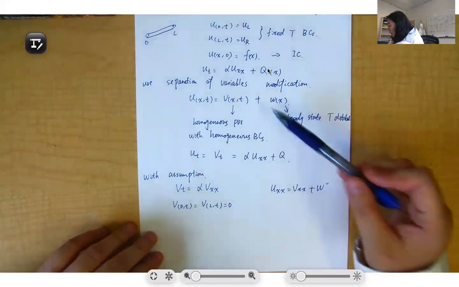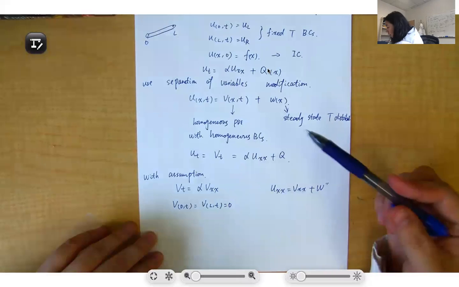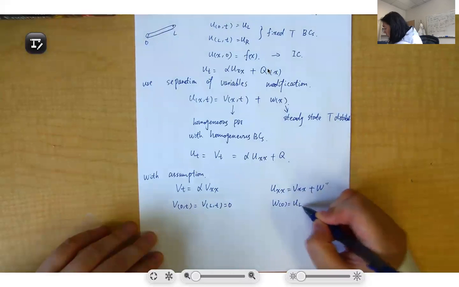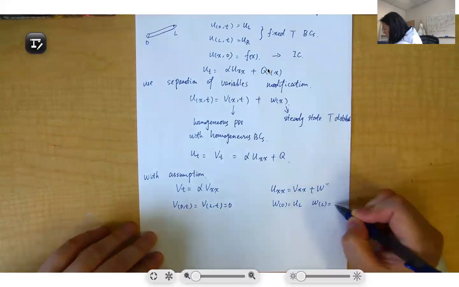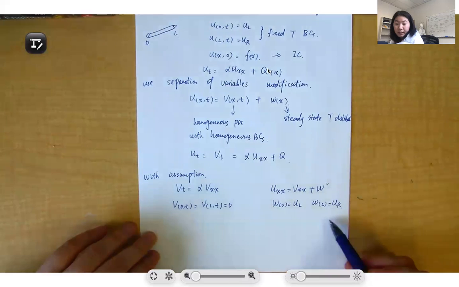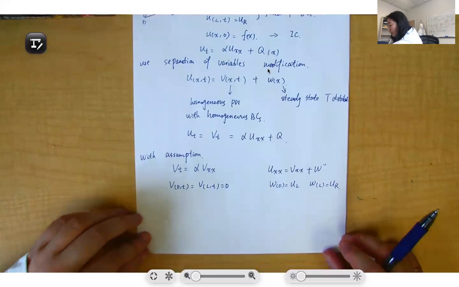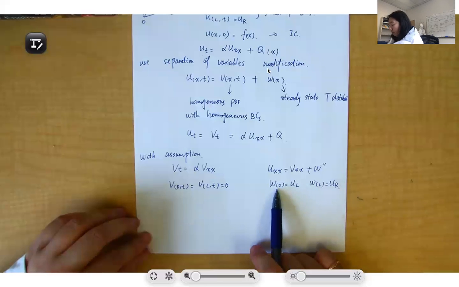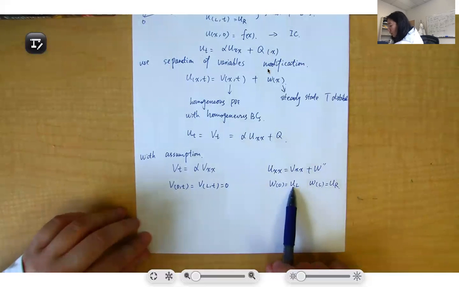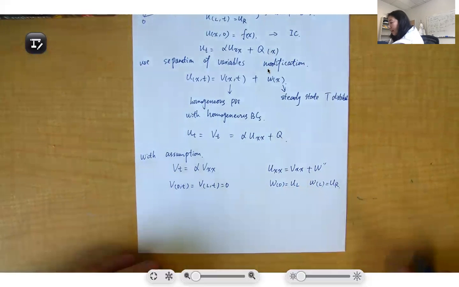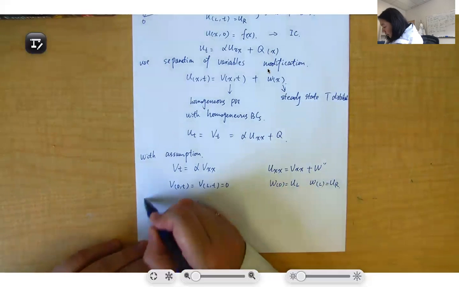And we have w(0) equals U_L, w(L) equals U_R because they are the steady state temperature distribution. It won't change at the ends of the rod. It's always a fixed temperature. So w(0) equals U_L, w(L) equals U_R. It's always true.